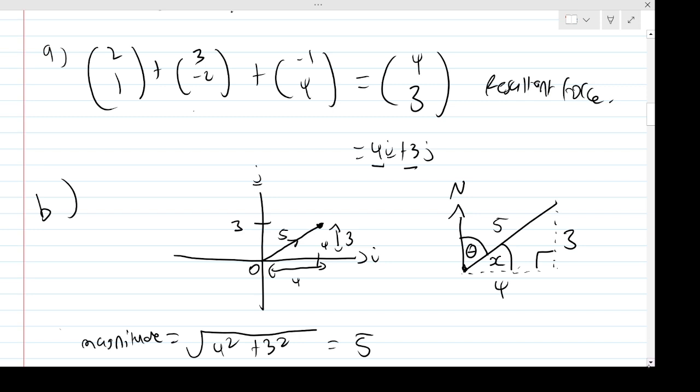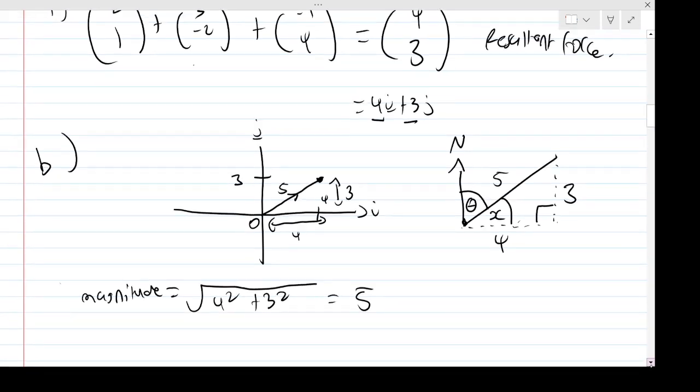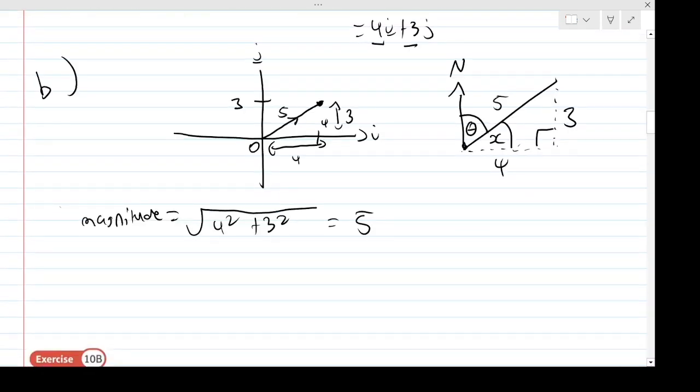If I was to use this triangle to work out the angle x, well, again, we've got a right angle triangle, we can use SOHCAHTOA. Well, you can pick your poison, right? You pick any way you want to work out x. Well, x is opposite the 3, so that's the opposite side. 4 here is adjacent, and the 5 is the hypotenuse. So you can use whatever SOHCAHTOA you want. So sine, cos and tan. Let's pick tan.